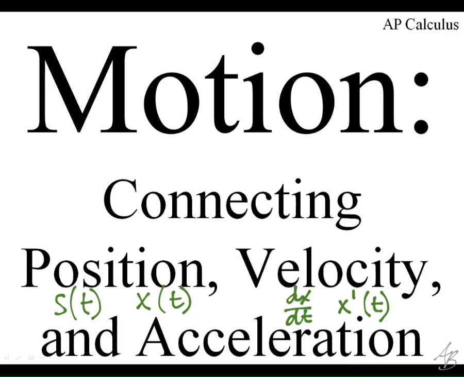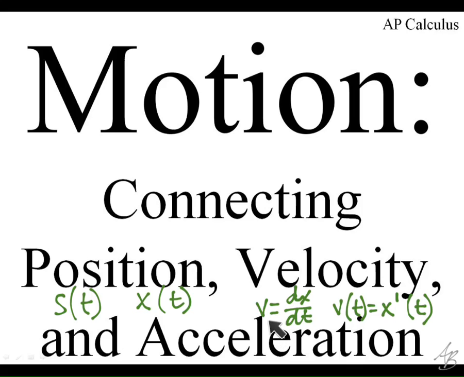So let me introduce a variable for velocity here. We'll say that the velocity is dx dt, or velocity with respect to time in the function notation is x prime of t. Then acceleration is going to be the derivative of velocity.